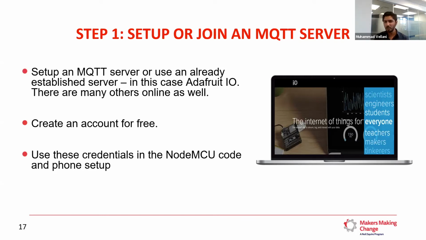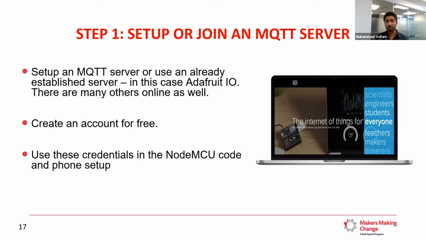There are two ways of deploying or using a server. First, you grab a Raspberry Pi and make your own server, which is fun, but it can become a little bit painful sometimes. The other option, if you just want a server to get information and send it over, is to use already made and deployed servers online.